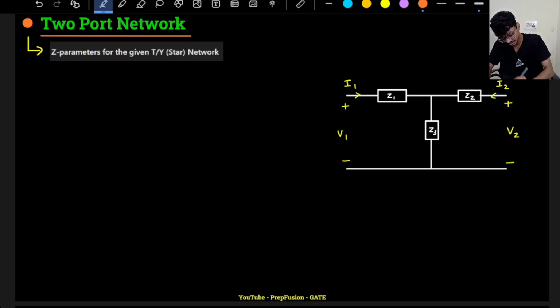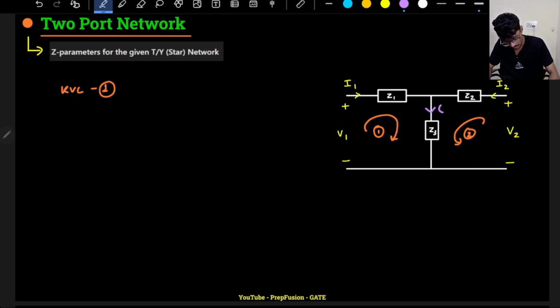In a star network, I only have two KVLs, one is the input KVL and the other is the output KVL. In KVL one, written in terms of variables, I can directly write the current through here. The current through here will be I1 plus I2.